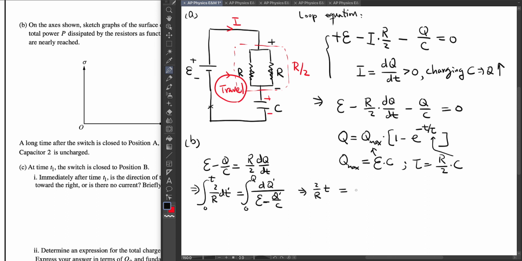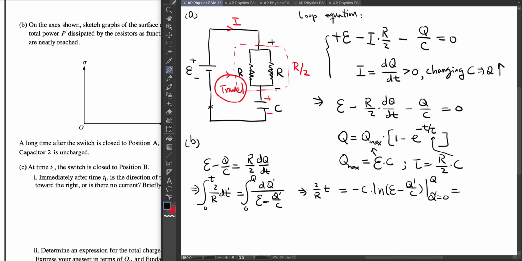So you want to add a negative C here, so that you can have a negative q prime over C in the derivative. And then that will give us this log function. So that's log of EMF minus q prime over C, where q prime goes from 0 to q.